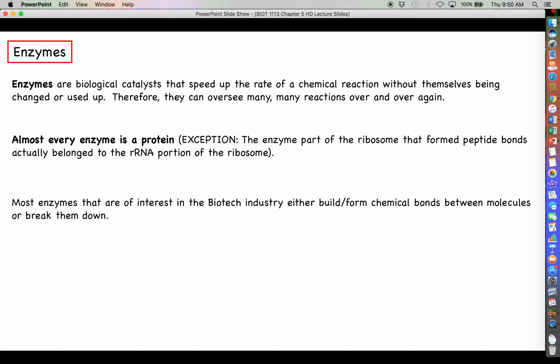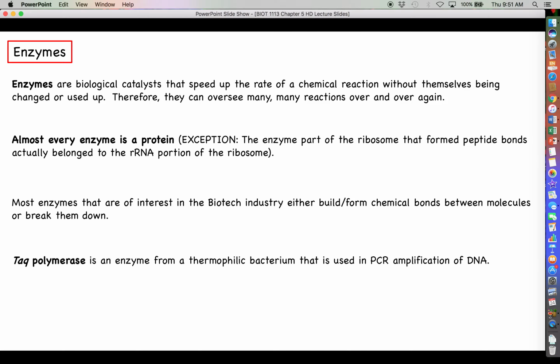Enzymes are definitely of interest in the biotech industry, and most of the enzymes we would be interested in are either going to be the type that build or form chemical bonds between molecules, or those that break them down. Just to give you a couple of examples, the enzyme Taq polymerase is taken out of a thermophilic bacterium called Thermus aquaticus.